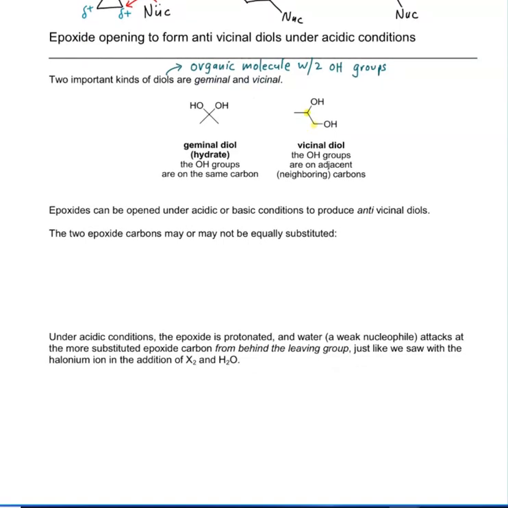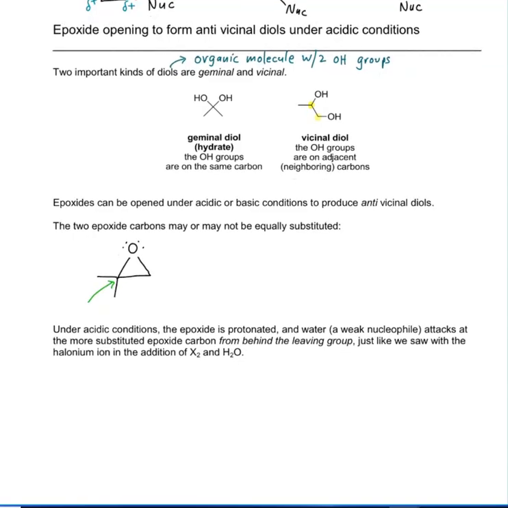So the first thing that we have to think about when we're inspecting an epoxide is to look at the epoxide carbons and to determine whether they are or aren't equally substituted. So for example, in this case, with this epoxide, the carbon on the left, we could call that an epoxide carbon because it's part of the three-membered ring.